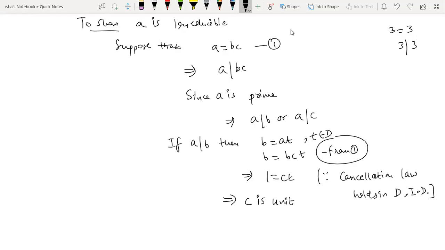So we have shown that c is a unit. So if a divides b, then c is a unit. Similarly, one of them is true or both can be true. If a divides c, then you will do a similar calculation and show b is a unit. So in either case, one of them has to be a unit.